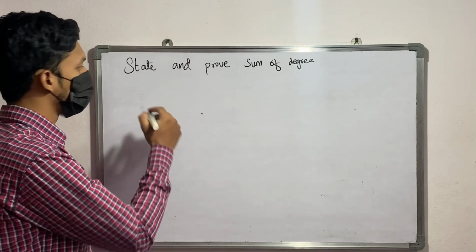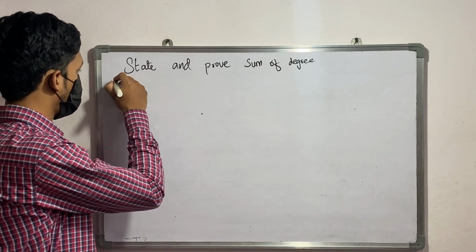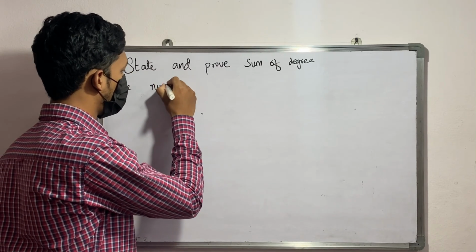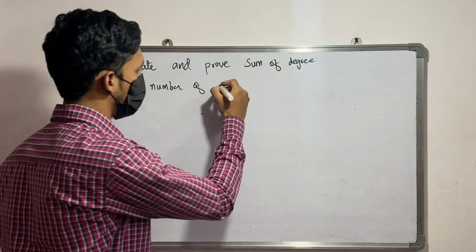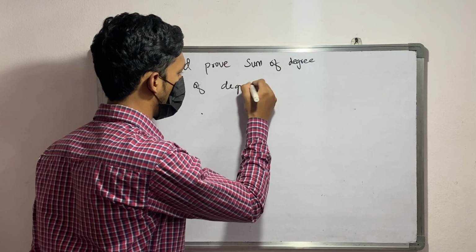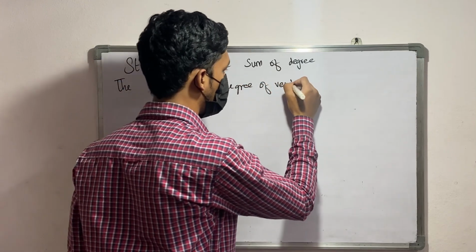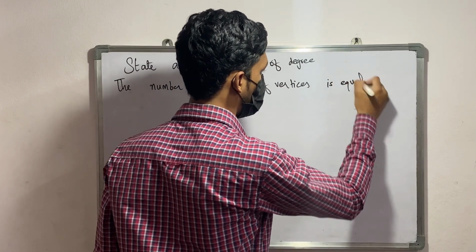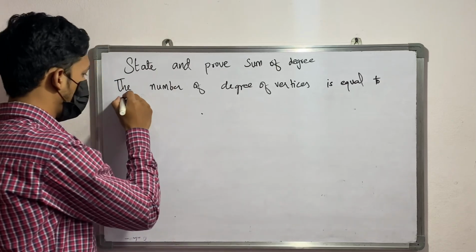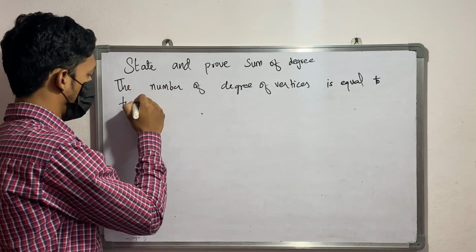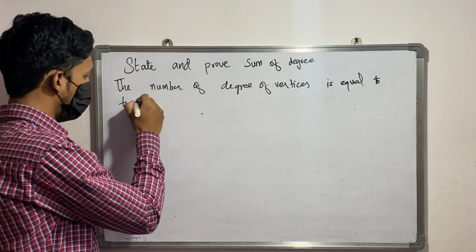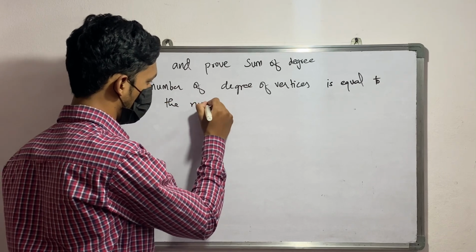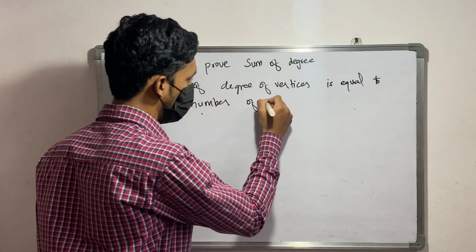The statement of sum of degree is: the sum of degrees of vertices is equal to twice the number of edges.